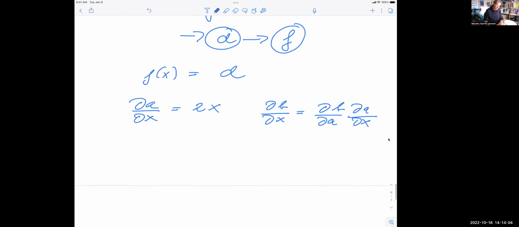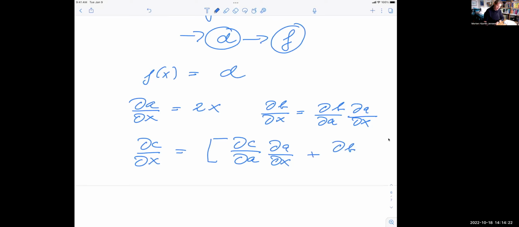We need another intermediate result. If we look at dC/dx, that's going to be given by dC/dA times dA/dx, and we know that dC with respect to a is equal to 1. And then we have dC/dB times dB/dx, because c depends on both a and b, and a and b depend on x.